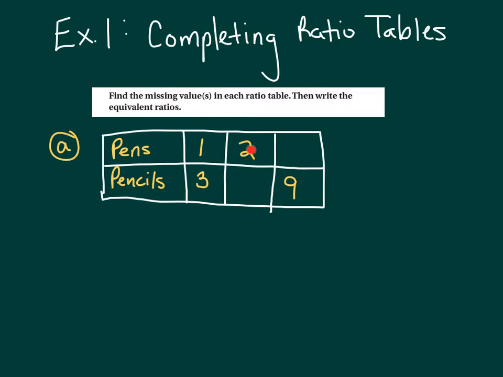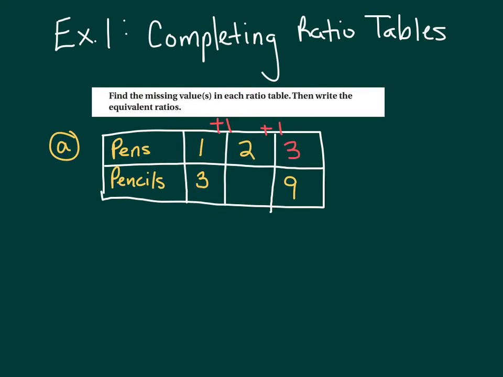So we need to find the relationship between some of these quantities. Between 1 and 2 we could try adding another 1, and if we add 1 up here, the next one in the missing relationship would be 3. So in this case we would have, for 1 pen there are 3 pencils. But then you also have to pay attention to what we would do down here, and it's a little trickier because we don't know what goes in the middle.